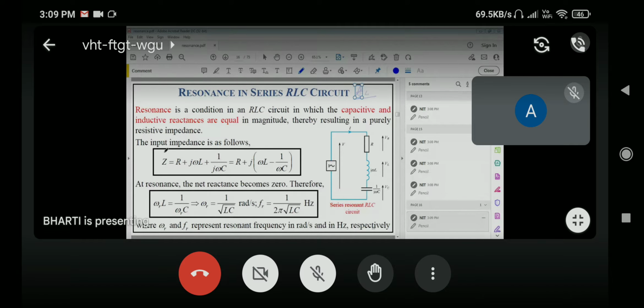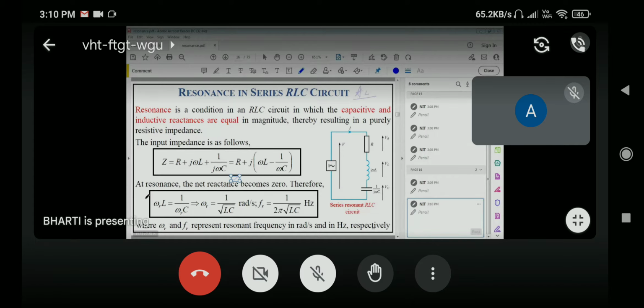So for that, the input impedance can be taken as Z, which is R plus j omega L plus 1 upon j omega C. That means this will be your XL and this will be your XC. Fine. In the case of resonance, the net reactance, that is XL minus XC, becomes equal to 0.